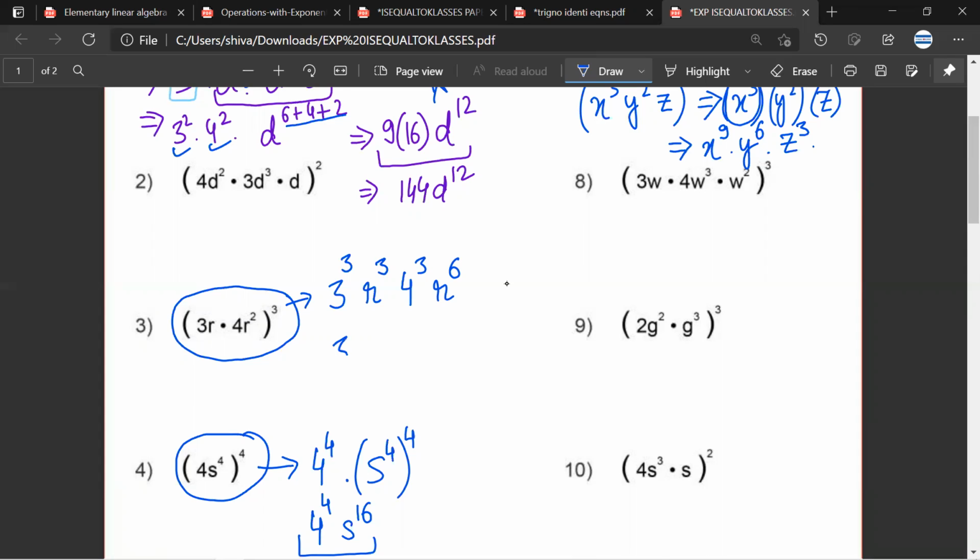Then we can combine the both r's. So it will be 3 raised to the power 3 into 4 raised to the power 3, r raised to the power 9.